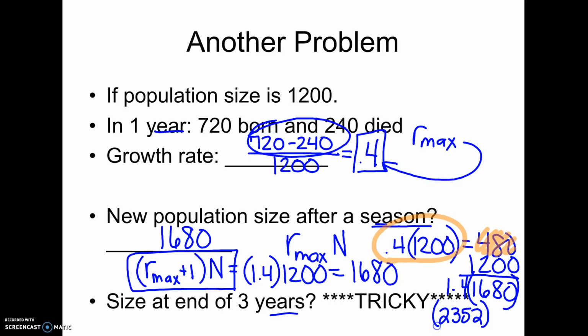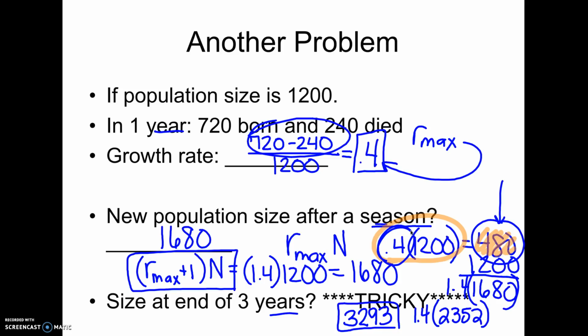So now 1.4 again times that, and now I actually get a decimal, but if I round to the nearest individual, the nearest whole number, I get 3,293. So again, why would they give you a question like this? Because they would want you to understand that the population is not growing by a certain number of individuals per year. The population is growing at a particular rate.